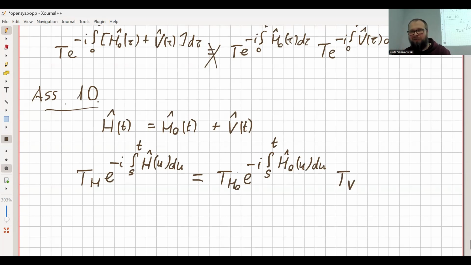So we would have T exponential of minus i integral, the same kind of integral, because we need V in the interaction picture.